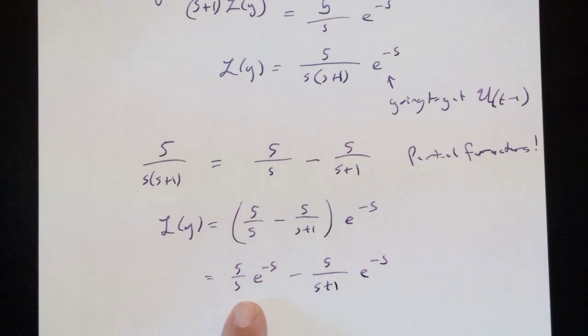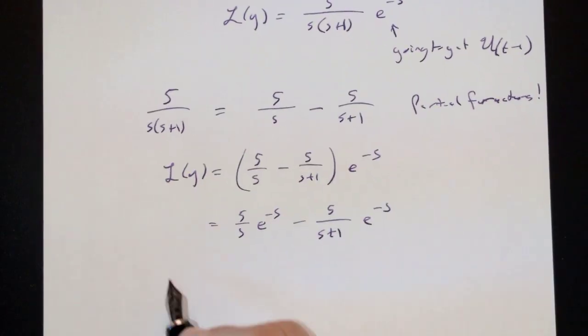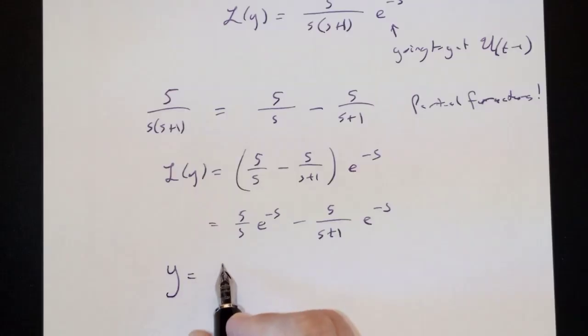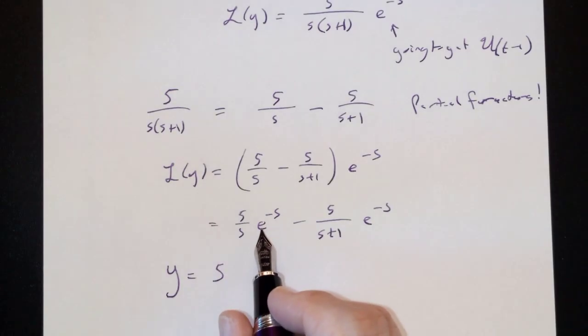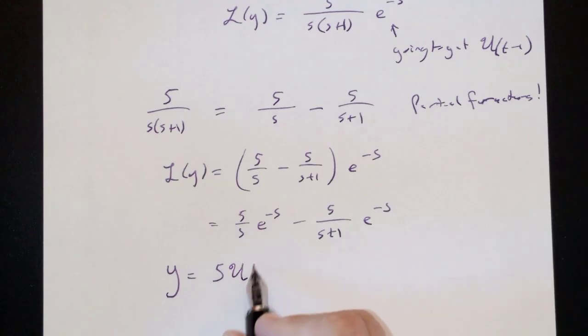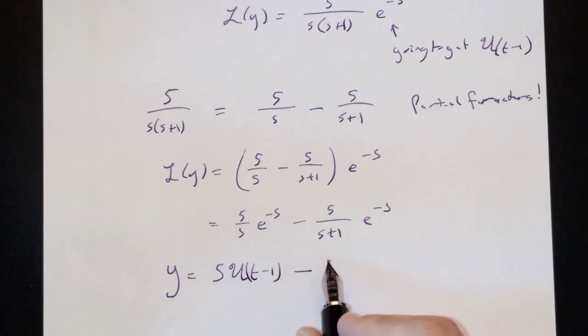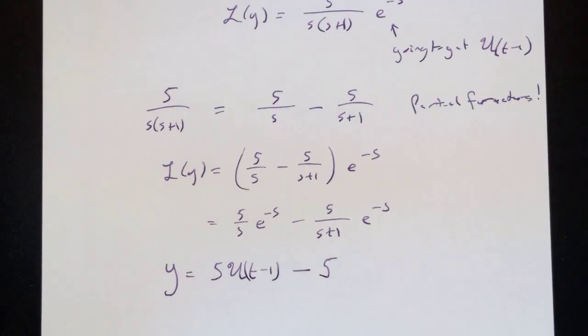What's the inverse transform of 5 over s? The e to the minus s, though, means I get u of t minus 1. What is the inverse transform of 1 over s plus 1?